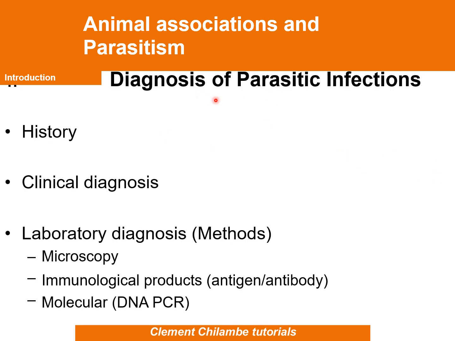Yes, and under diagnosis of parasitic infections, we need to get the history, asking some critical questions that can tell us something about that parasitic infection. Clinical diagnosis, of course: there are clinical signs and symptoms that are shown, and we're able to tell, oh okay, this is this kind of parasite because it's able to cause this and that.